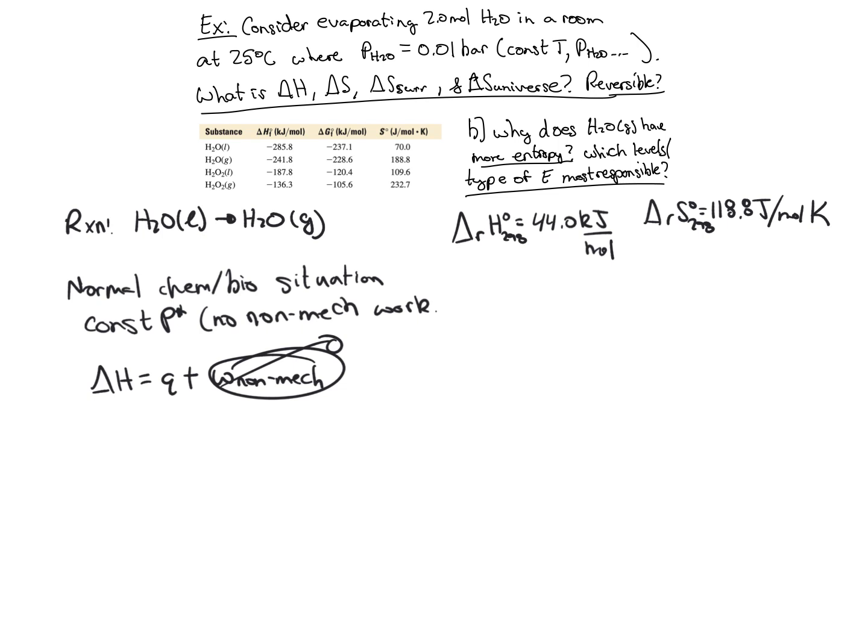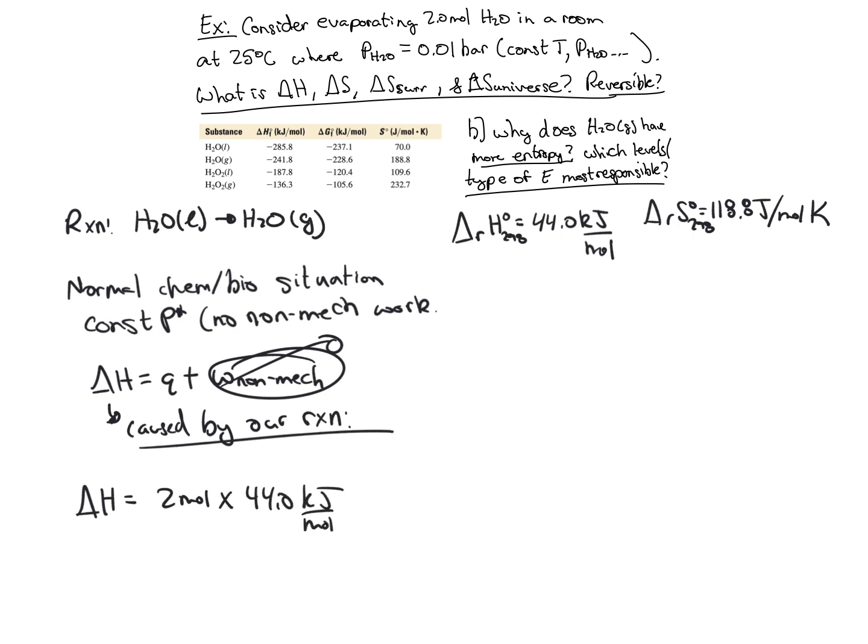To actually find delta H, the idea here is that this delta H is going to be caused by our reaction. Delta H is extrinsic, so because we're going to convert 2 moles of liquid to gas, the delta H here is going to be equal to 2 moles times 44.0 kilojoules per mole is equal to 88 kilojoules.